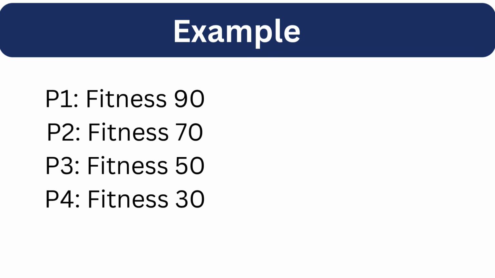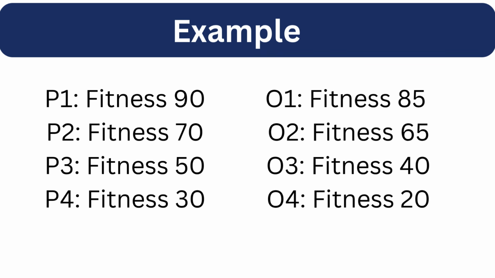Now let's understand these concepts with the help of some examples. Suppose we have a parent generation that consists of four individuals: P1, P2, P3, P4, and the fitness of each individual is given. Their breeding process resulted in new offspring: O1, O2, O3, and O4.